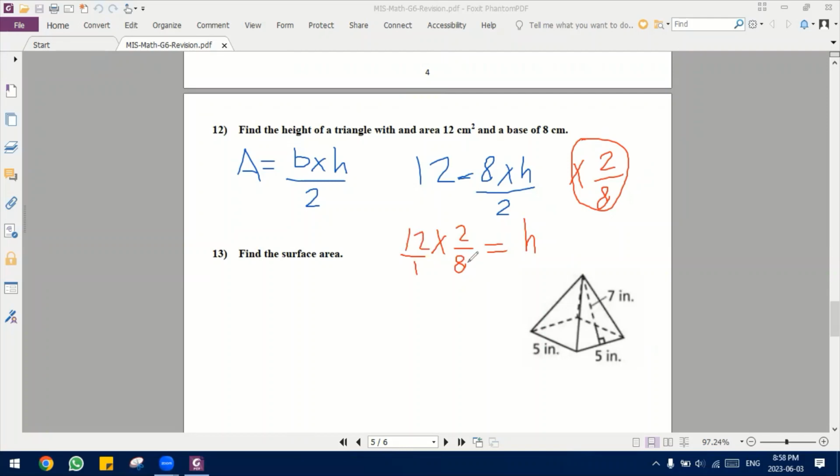For example, 12 and 8 can both be divided by 4. 12 divided by 4 is 3. 8 divided by 4 is 2. We can still do cancellation or multiply. 3 times 2 is 6. 6 divided by 2 is 3. So the height is 3. The unit is centimeter.